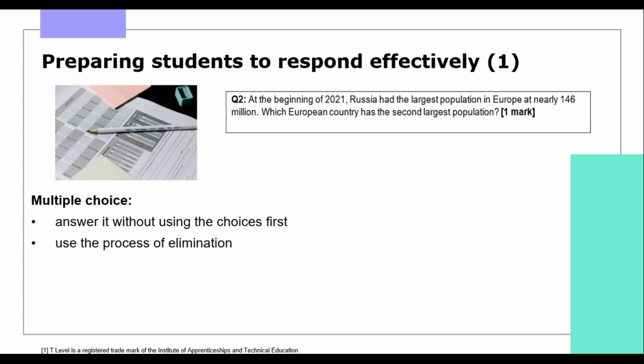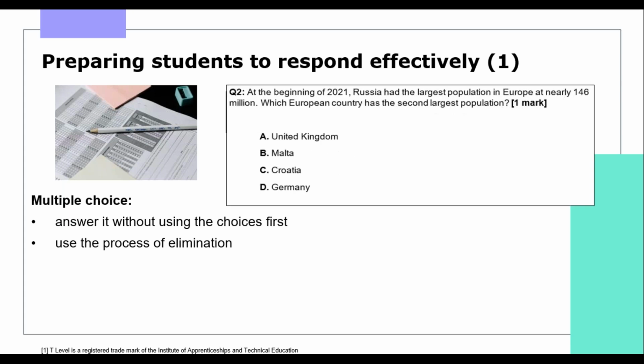So multiple choice questions can be more about eliminating the wrong answers. Read every answer option. In the example here, using our existing knowledge, we could probably discount B and C straight away. Then it's a process of elimination.